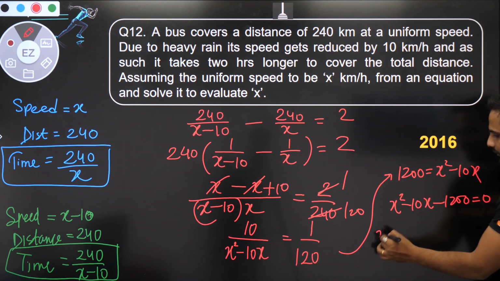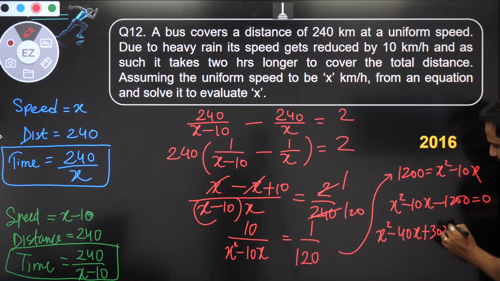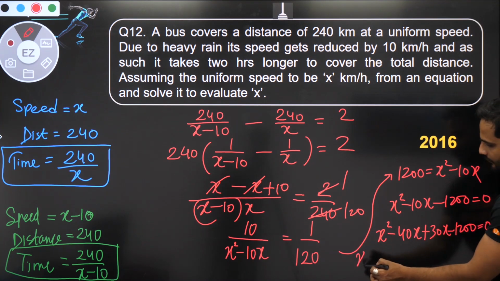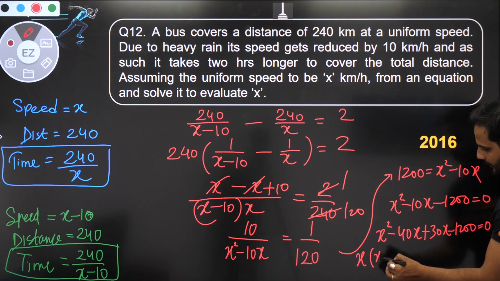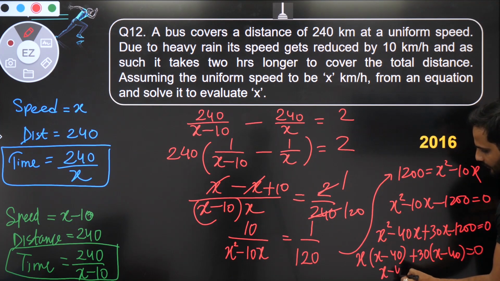So x square minus 40x plus 30x minus 1200 equal to 0. Take x common, you'll be getting x minus 40. Take plus 30 common, you'll be getting x minus 40 equal to 0. So you'll be getting x minus 40 into x plus 30.